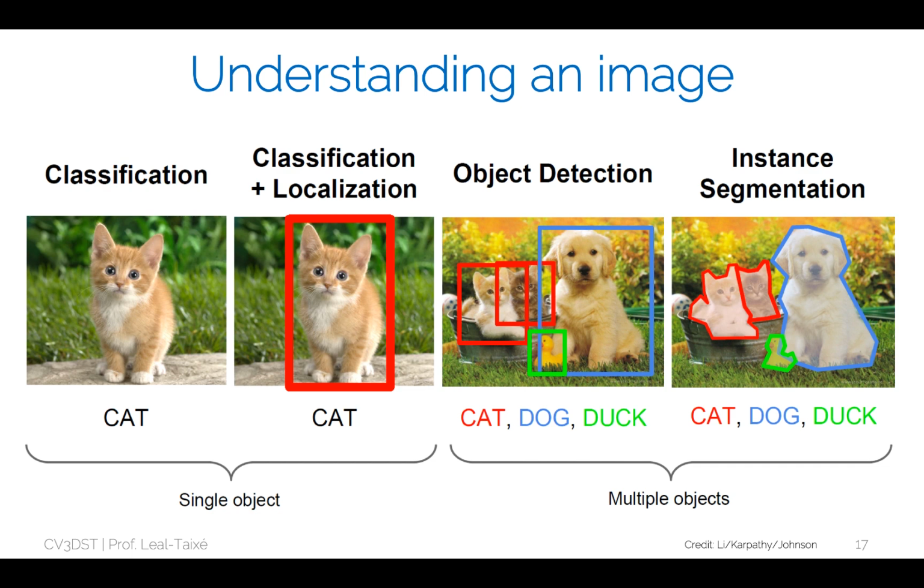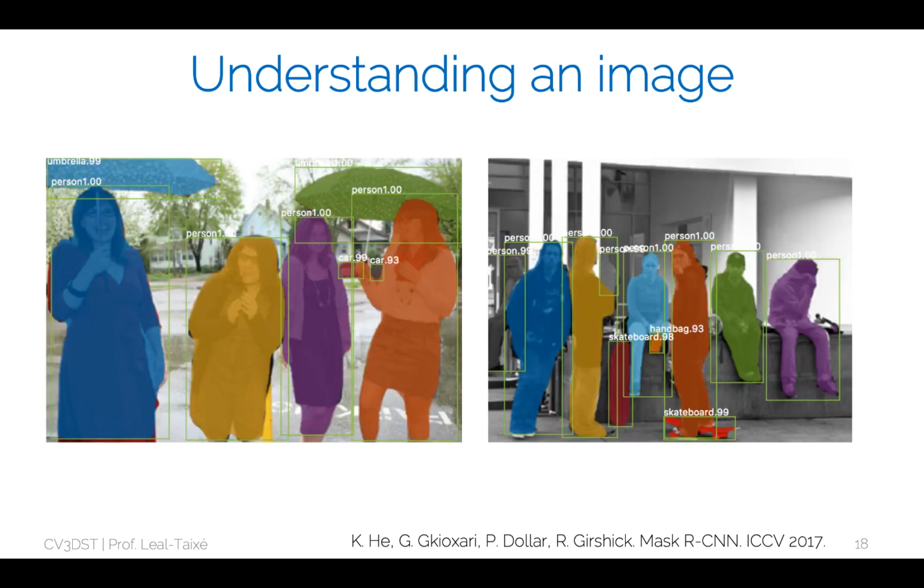And again, a more fine-grained representation can be the instance segmentation problem. So this instance segmentation problem has been quite targeted in the research community. So you have, for example, here some results of what the community can do as of 2017.